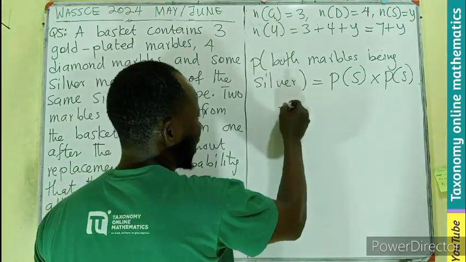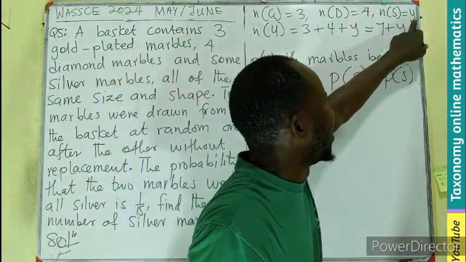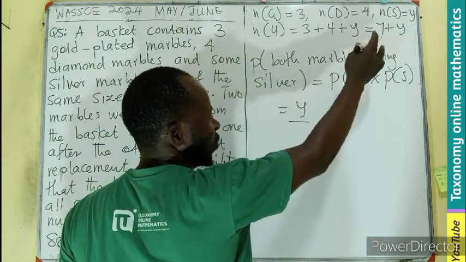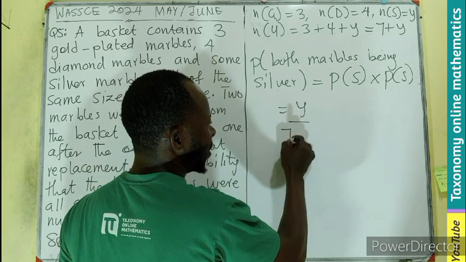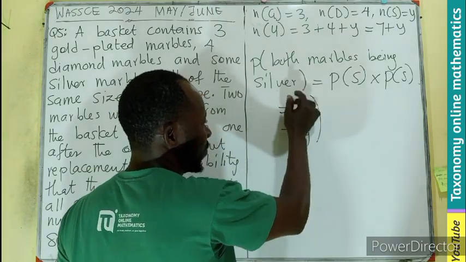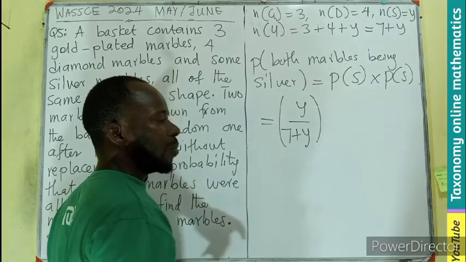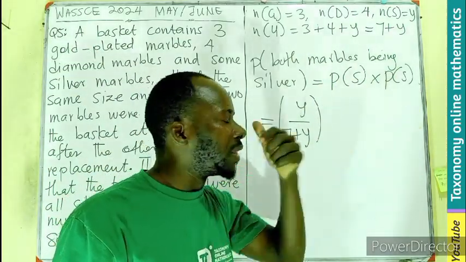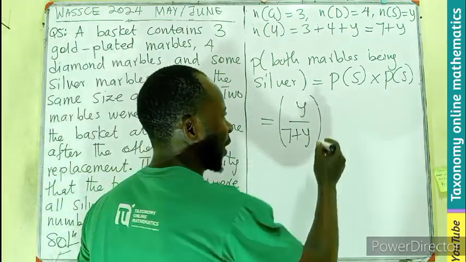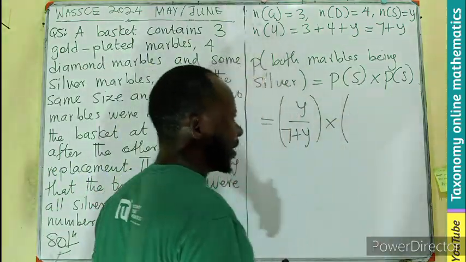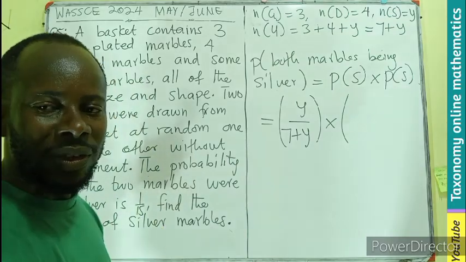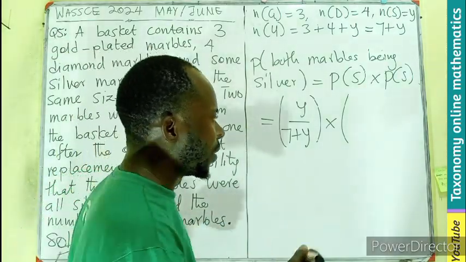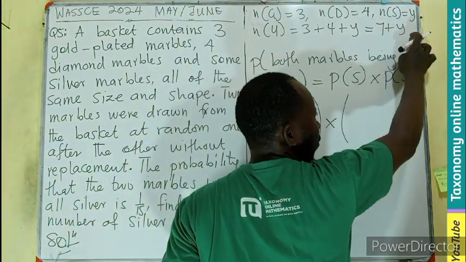The first probability is the event over the sample space: y divided by 7 plus y. It means this and this, not or, so no addition; we multiply. For the second probability, the total decreases by 1, so we subtract 1 from here.